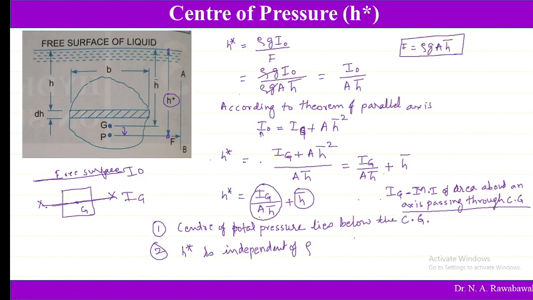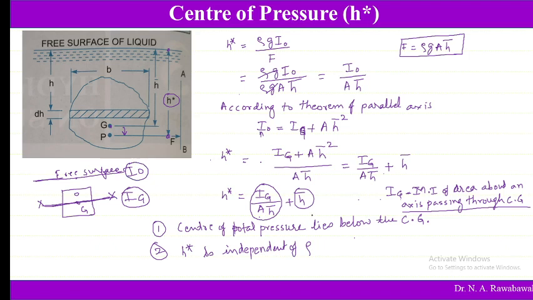So the moment of inertia about the axis passing through the center of gravity of a plane and parallel to the free surface is known as Ig, whereas the moment of this area about the free surface is known as I naught.